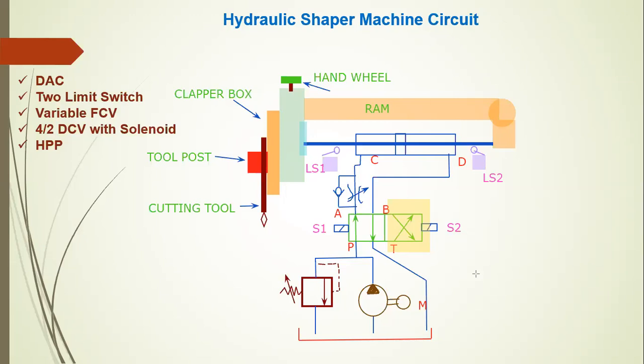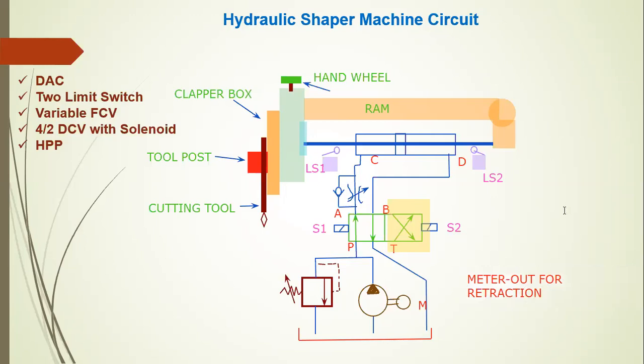Also, this circuit is called a meter out retraction circuit. Another name for this circuit is meter out circuit for retraction.